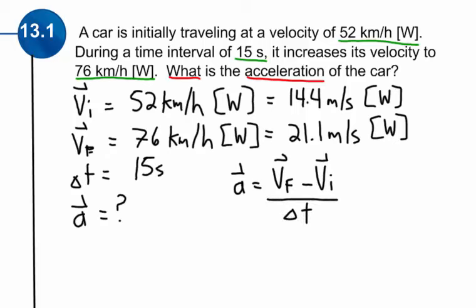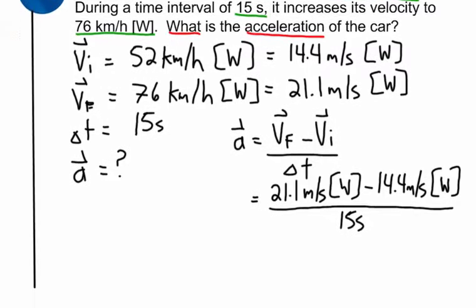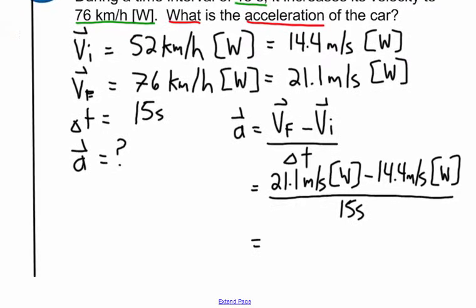And those are all the given pieces of information we have. And we can just put our numbers in. 21.1 meters per second in the west direction minus 14.4 meters per second also in the west direction, all divided by our time of 15 seconds, which when we put that in our calculator and do the calculation following order of operations, we get a value of 0.44 meters per second squared.